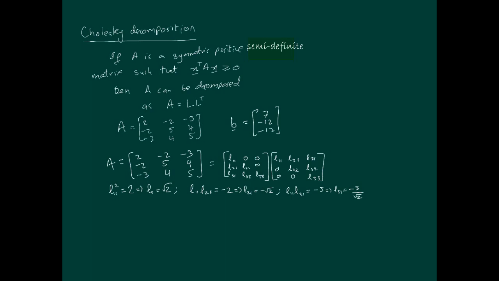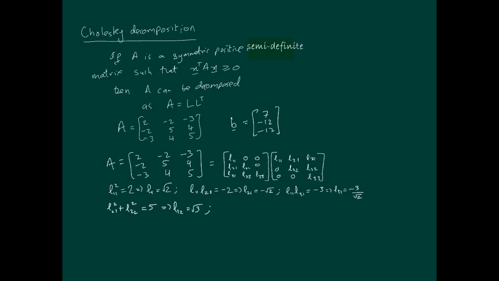That's a new one, so we'll write that down here: L21 squared plus L22 squared, and that's equal to 5. Now we already have L21. As you saw earlier, it's negative square root 2, so that squares to 2. This implies that L22 is in fact square root of 3.